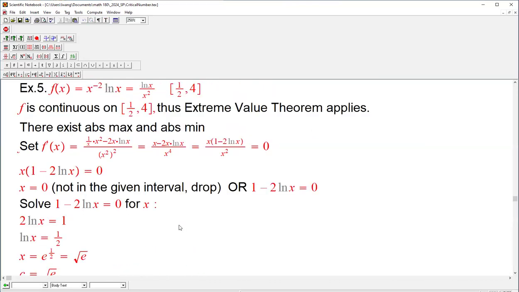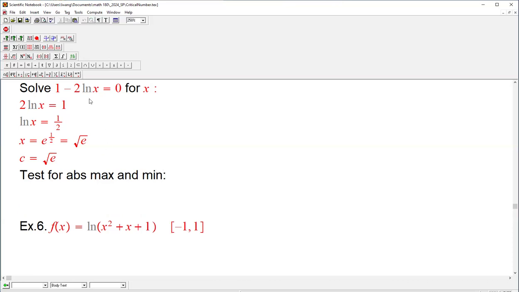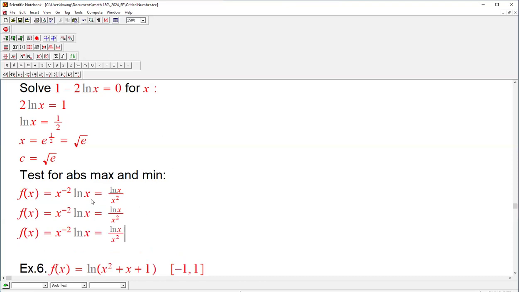So then next we're going to test it for absolute max and min. The same drill. So the function is here. You can use whichever you want, you can use this one or you can use that one. But we're testing on c, and we're also testing on a.